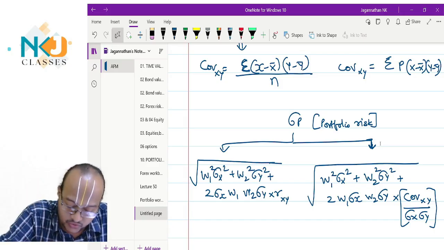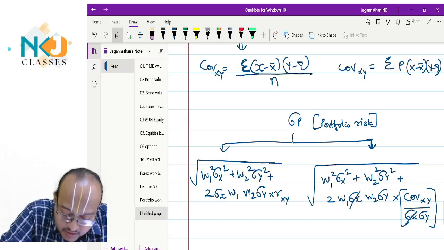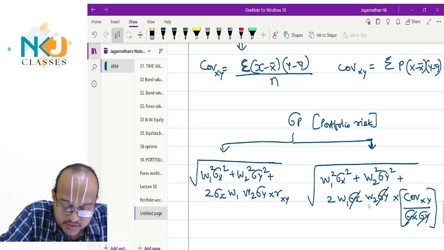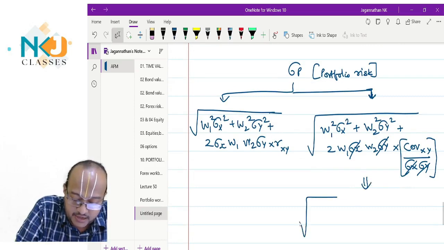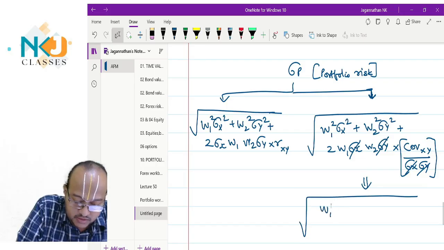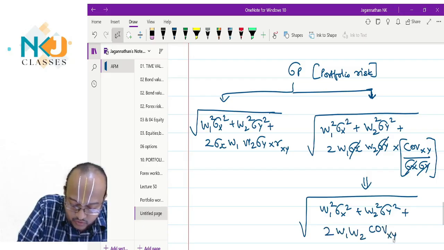Now what will I do? Sigma x will get cancelled here. Sigma y will get cancelled here. Are you understanding? So we can simplify and write. See here, W1 square sigma x square plus W2 square sigma y square plus 2 into W1 W2 into covariance of x and y.